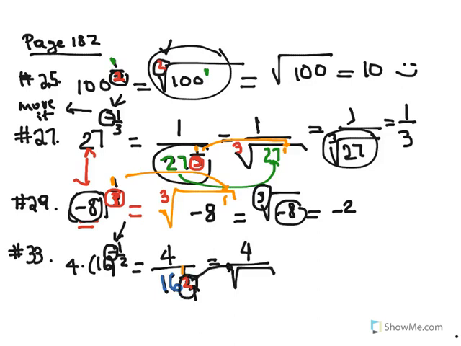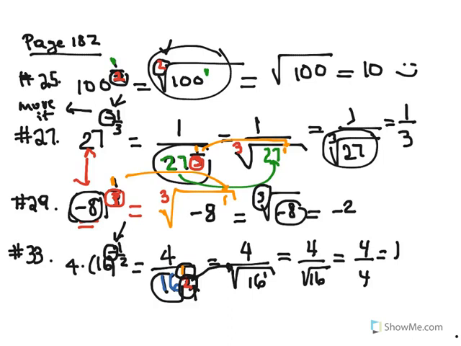I don't have to write it because it's 2. This number 16 is going to be written in here, and this number 1 is going to go right here. So I really have 4 divided by the square root of 16. The square root of 16 we all know is 4. So 4 divided by 4 is 1.